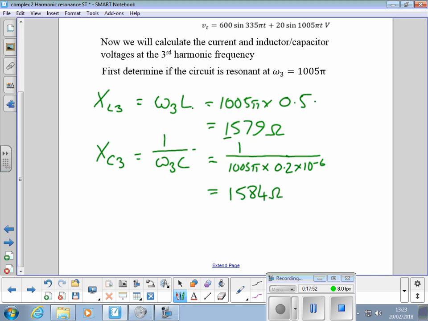Okay, so those two are near as damn it the same.